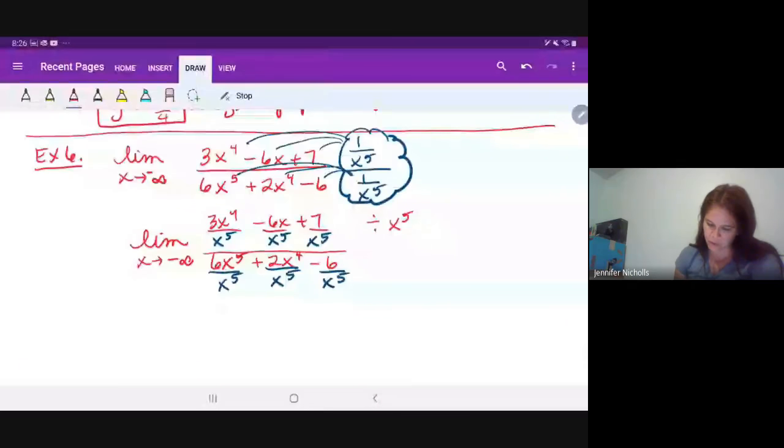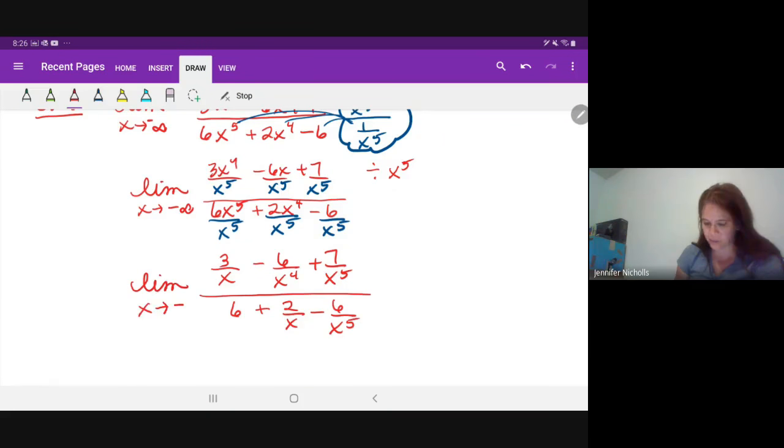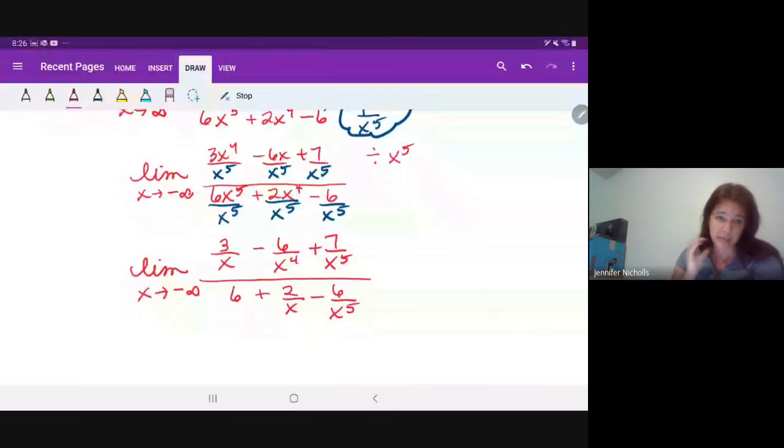So that's 3 over x minus 6 over x to the 4th plus 7 over x to the 5th, divided by 6 plus 2 over x minus 6 over x to the 5th. Do I still have an x? I do. I need my limit as x approaches negative infinity. Remember, there's no equal sign in between the limit and the function. The equal sign would be after, if you're going to do an equal sign.